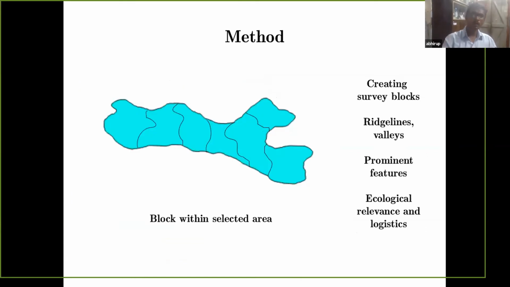Now we selected one site and broke it into survey blocks. We used ridgelines and valleys, which we think fulfill the assumption of spatial closure, and these prominent features were used to create these blocks. We always have to remember that this should be ecologically relevant and logistically possible.